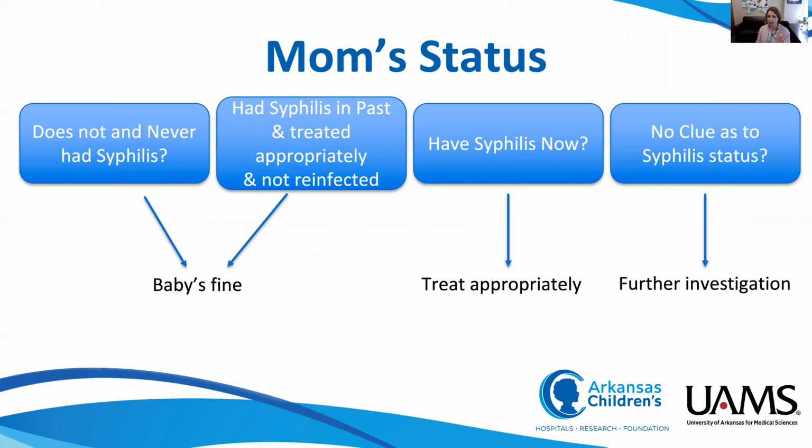If mom has had syphilis in the past and was treated appropriately and hasn't been reinfected, then the baby's fine. But if mom has syphilis now, you have to treat appropriately. If we really are not able to clue into what's going on, then you just have to investigate further.